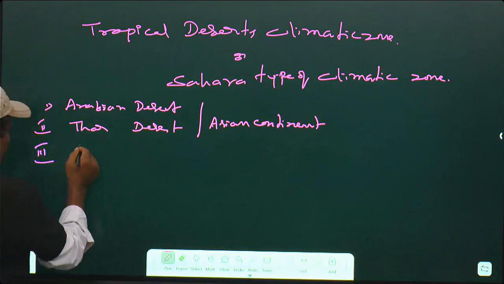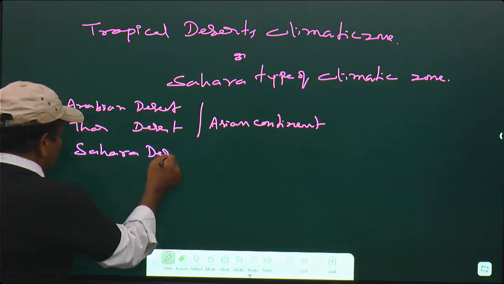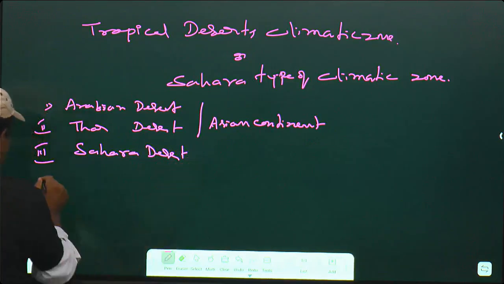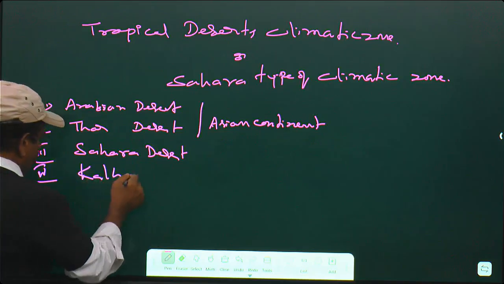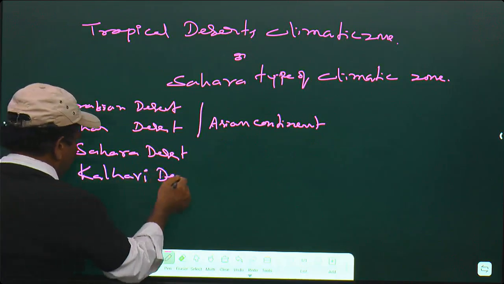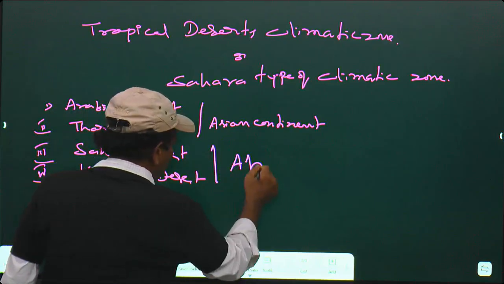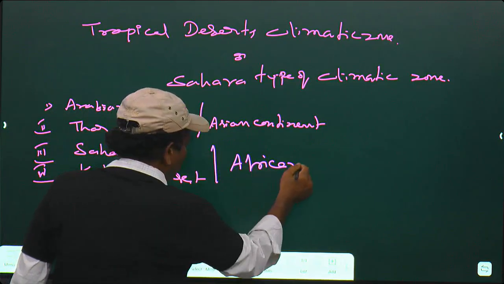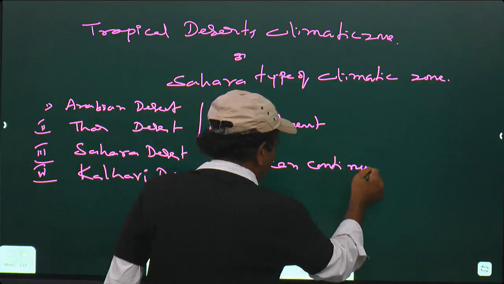Third one is the Sahara Desert. Fourth one is the Kalahari Desert. These two are in the African continent.